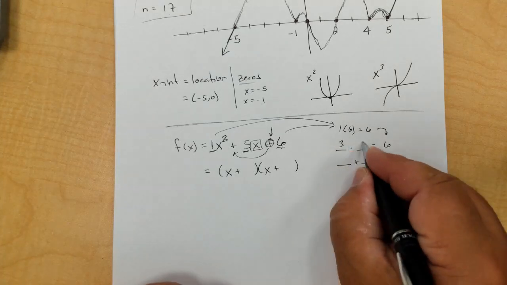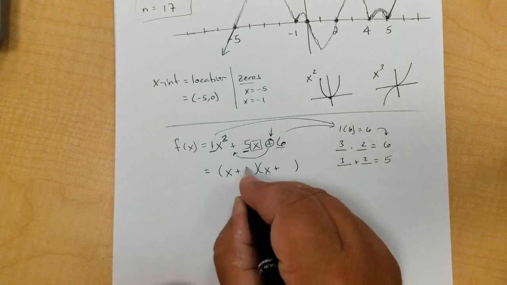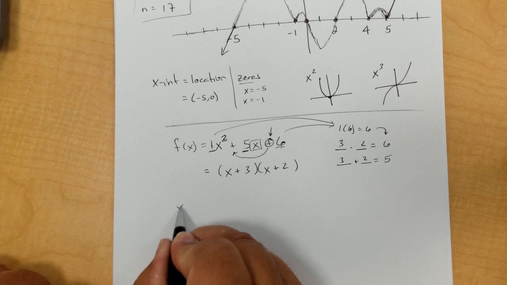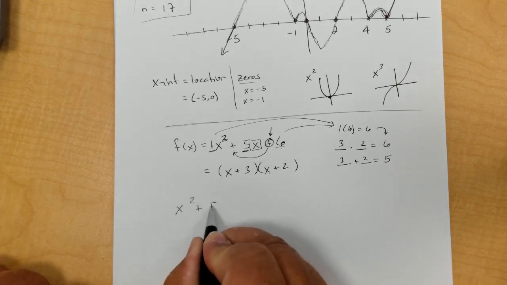You're right, it's going to be 3 times 2, 3 plus 2. All right, so that's stuff we've been doing all along, factoring.